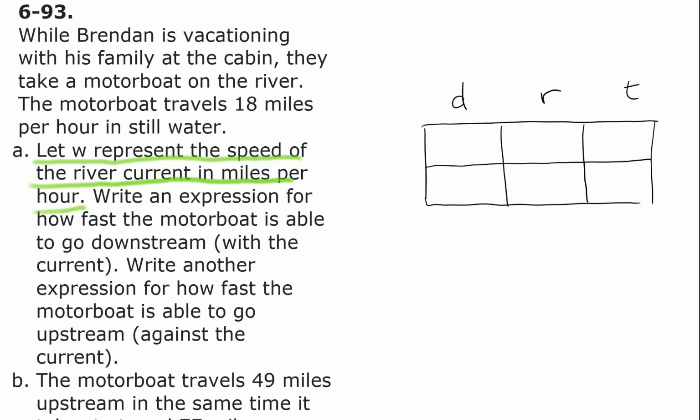And I'm going to say this is with the river and against, or upstream. Oh, let's just do that. We'll do downstream and upstream. So downstream, that's when you're going with it, and then upstream. So that's when you're going against the river.